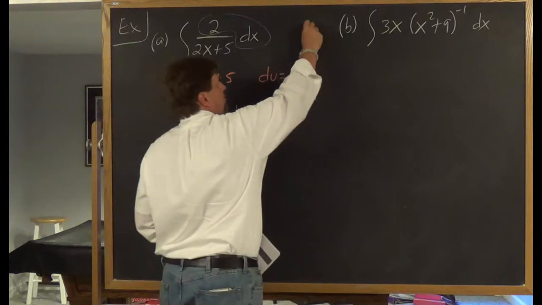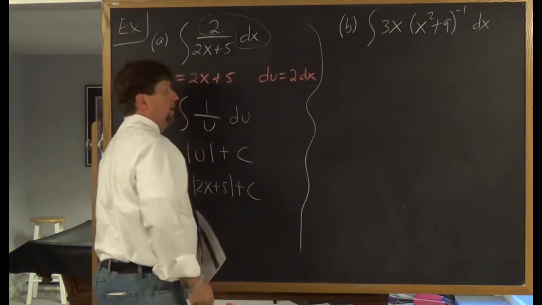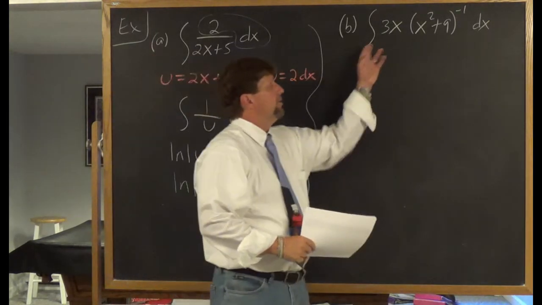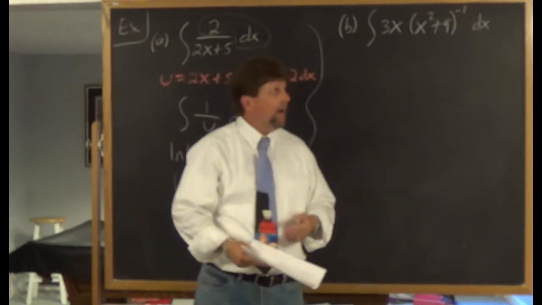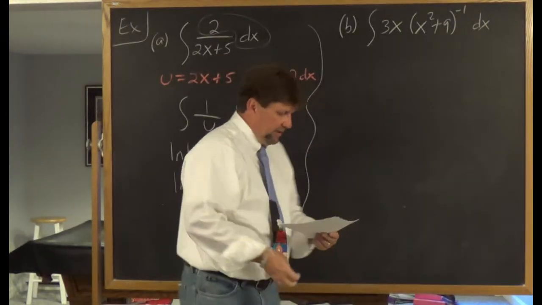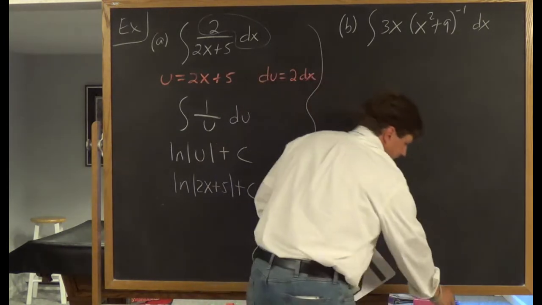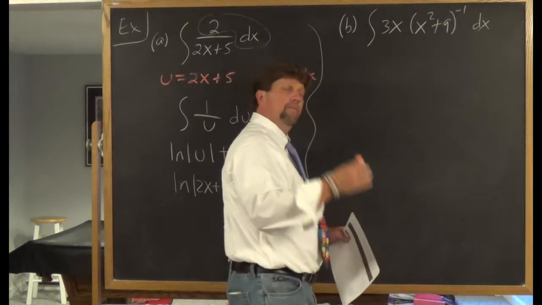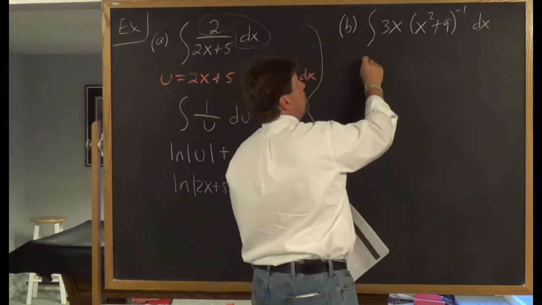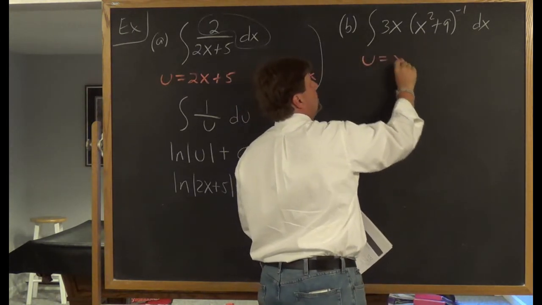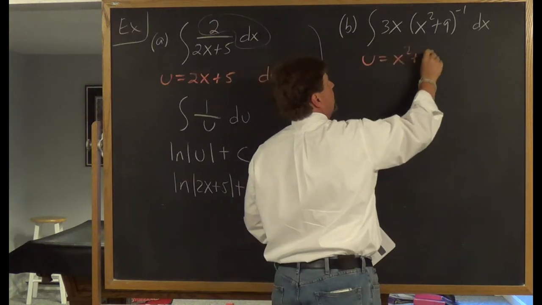So for part B, here we're integrating 3x times the quantity x squared plus 9 to the negative first power dx. So again, following our basic guidelines of u substitution, we're going to let u equal the junk we see in the parentheses. So u is x squared plus 9.